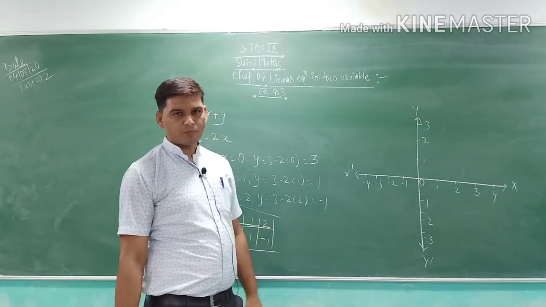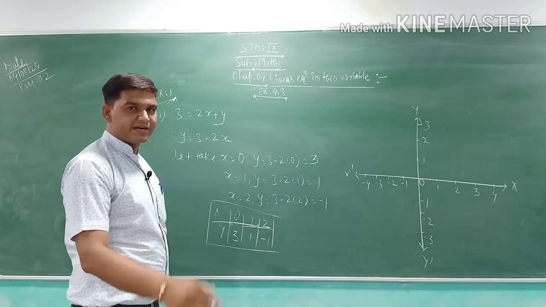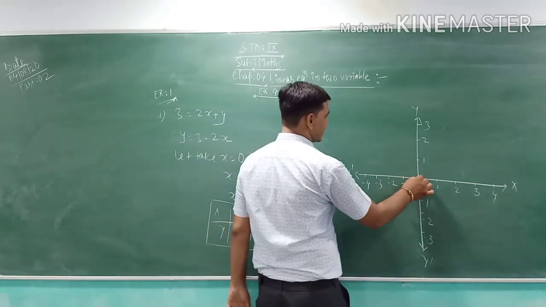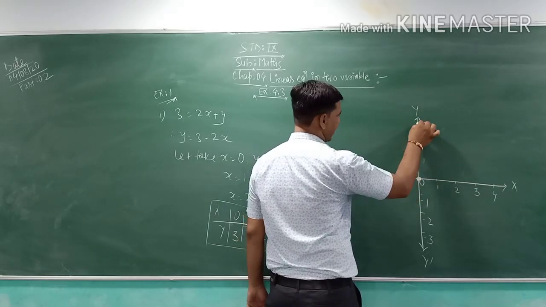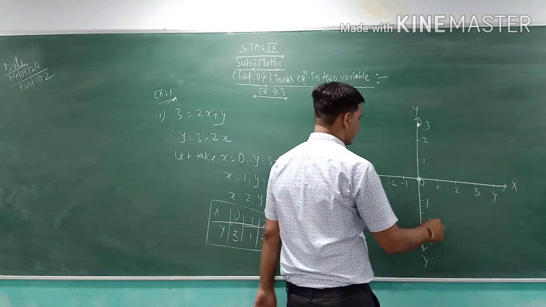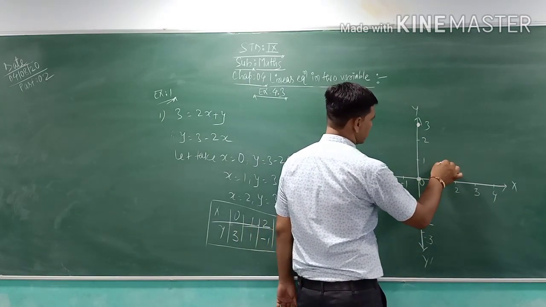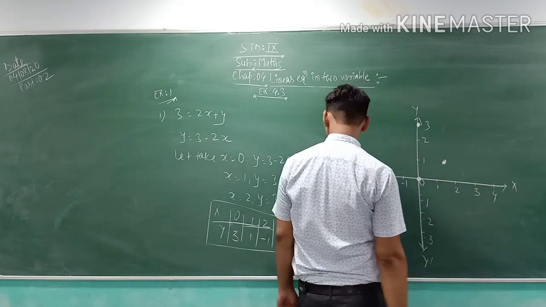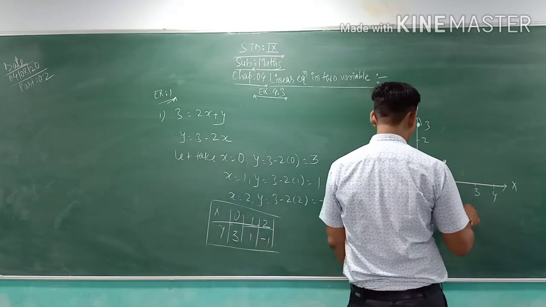So I have to plot the graph as we already discussed in the third chapter: x 0, y 3; x 1, y 1; similarly x 2, y minus 1.